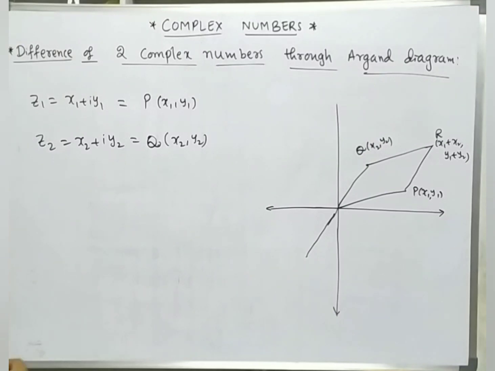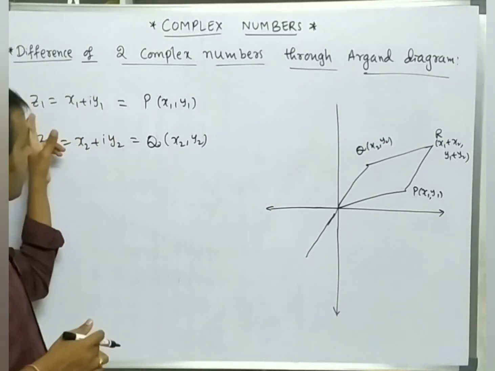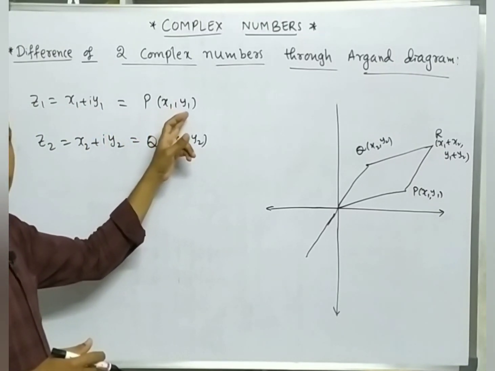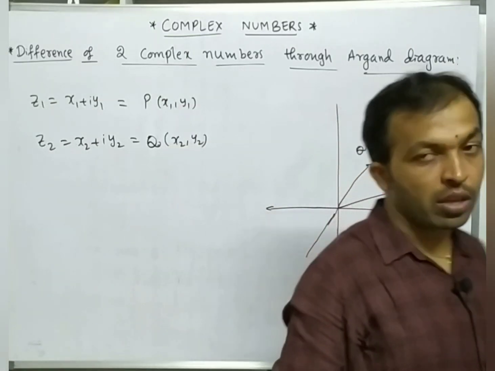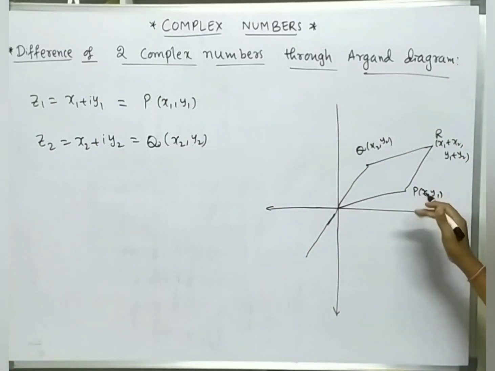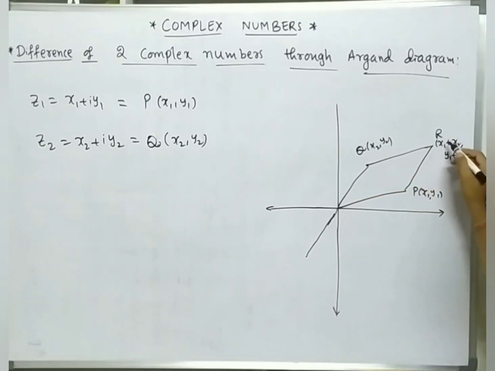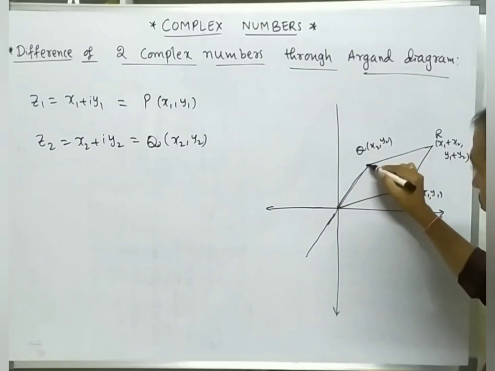Next, the difference of two complex numbers through an Argand diagram. So z1 is equal to x1 plus i y1, which is P(x1, y1), and z2 is equal to x2 plus i y2, which is Q(x2, y2) in the Argand diagram. Here by using the parallelogram law, R is a point which represents (x1 plus x2, y1 plus y2). Here this is Q, right?